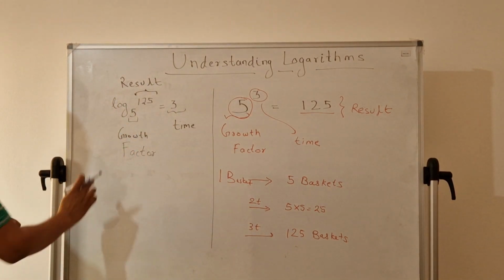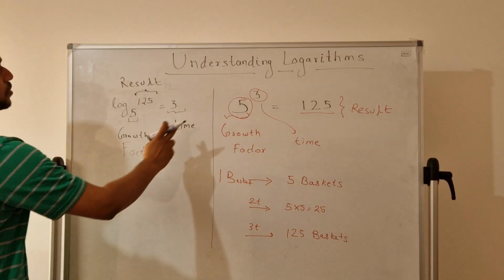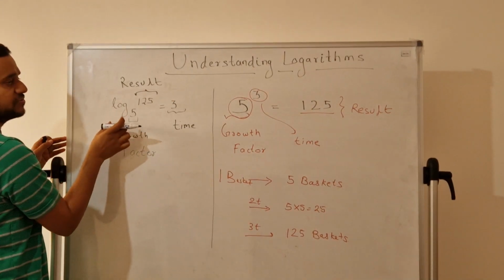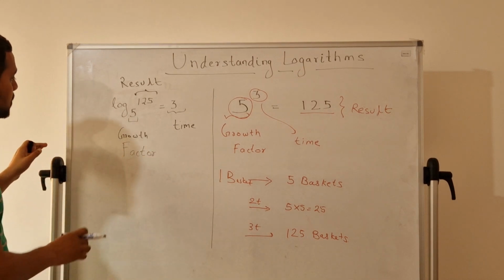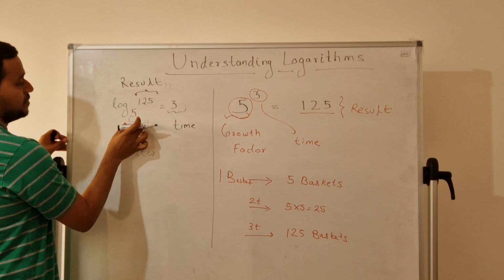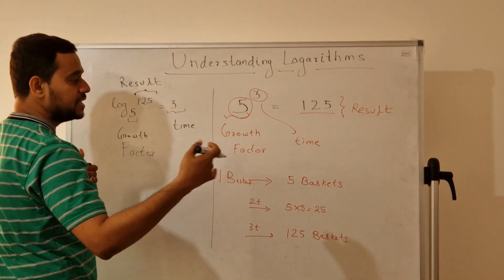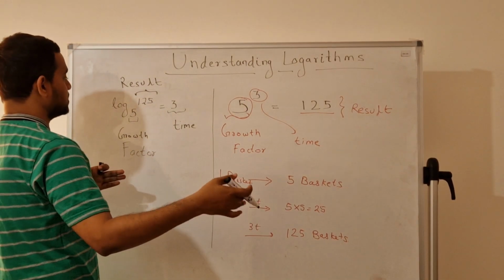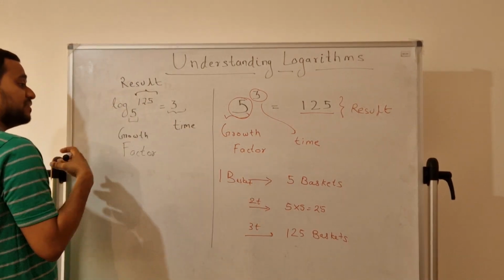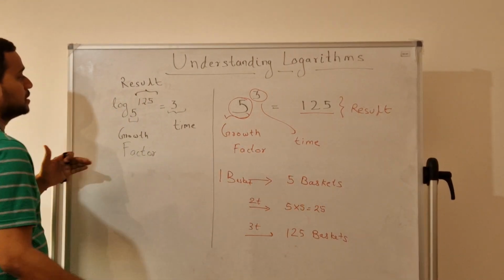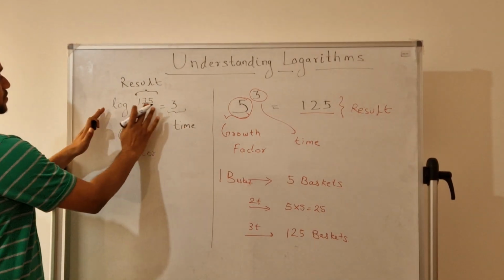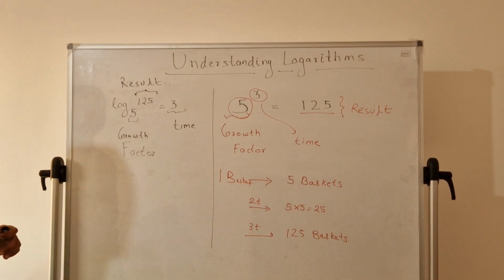So what it means is, with this logarithm, by the way, we don't write complete logarithms because it's long. We just write log, which is a shorter format. So if your growth factor is 5, if you are becoming 5 times every unit of time that passes, and your final result is 125, that is, you are 125 times the original size, how much time would it take? This is 3. This is what it means, logarithms.